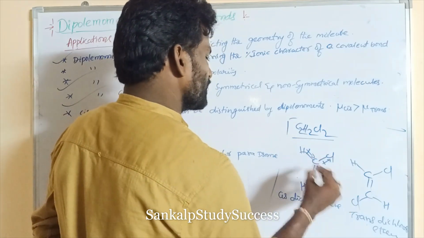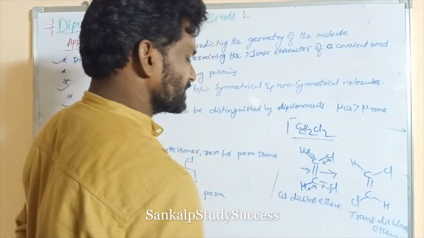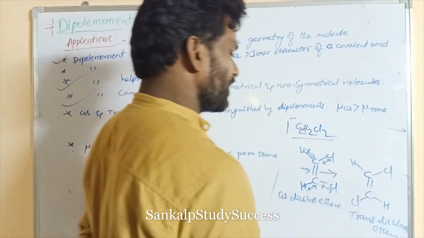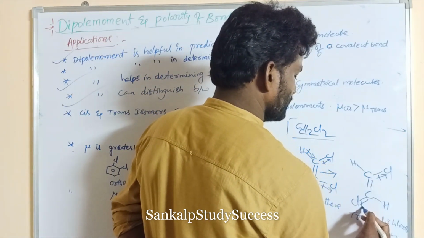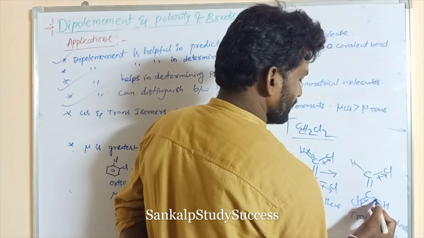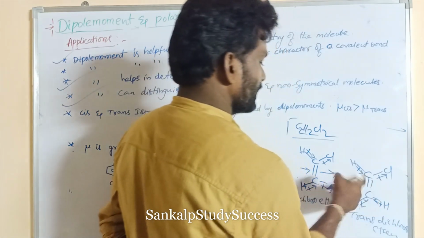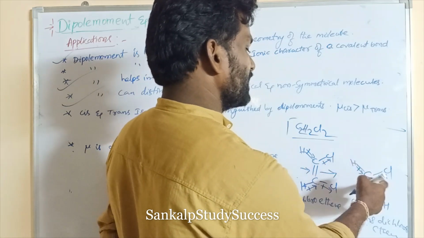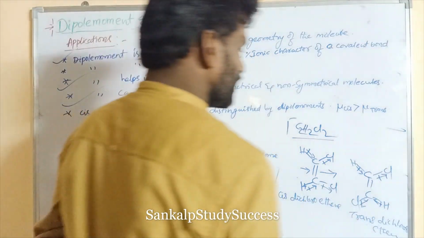So here all bond dipoles are present in one direction in cis dichloroethene, but in trans dichloroethene it is in this way. Here carbon is more electronegative than hydrogen and chlorine is more electronegative than carbon, right.